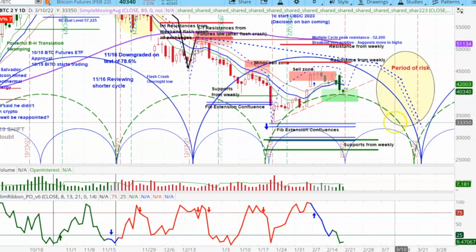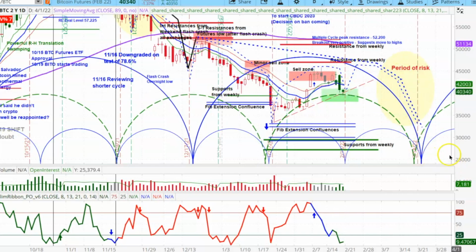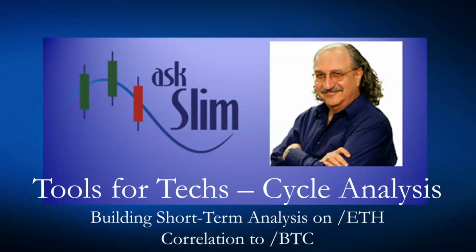So Ethereum lining up with the Bitcoin analysis in this period of risk suggests lower prices going all the way out into the mid-March to early April timeframe in what is a bearish scenario for both of these cryptocurrencies and really all cryptocurrencies. I feel like through my analysis, and I've shared that this is all just one big casino, and that it's only the speculators that are able to move it up with very little adoption.